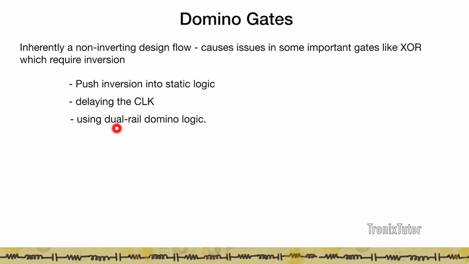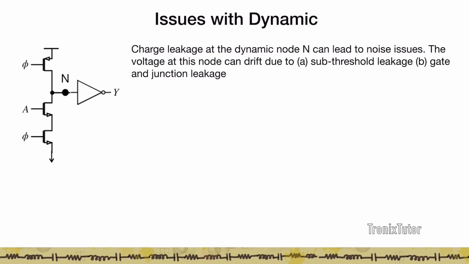Again, we see that all these options eventually end up either increasing the area or reducing the operating frequency. And as VDD continued to scale and as noise issues became prominent, all these things became harder to control. Hence, you see the loss of usage of domino gates in recent times.